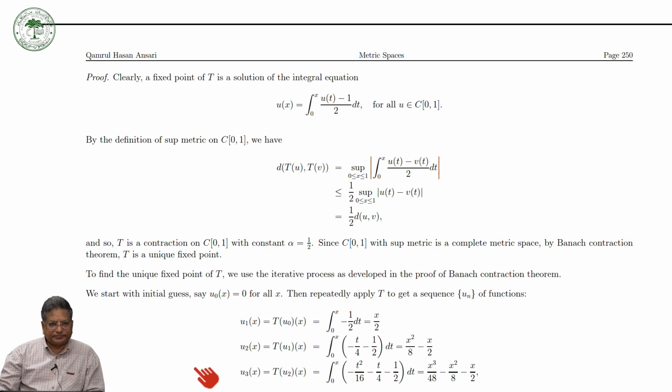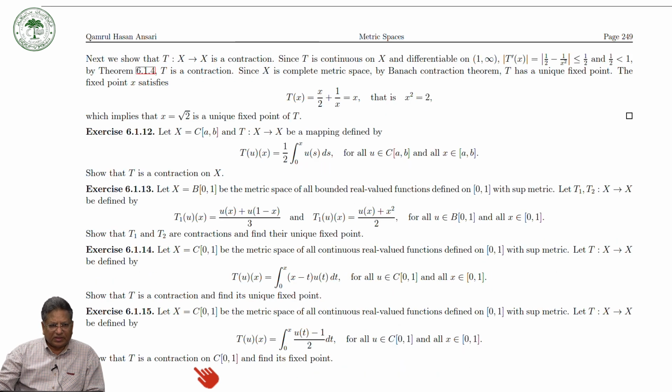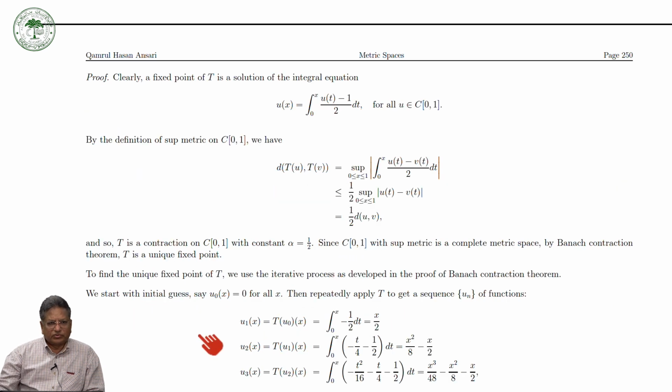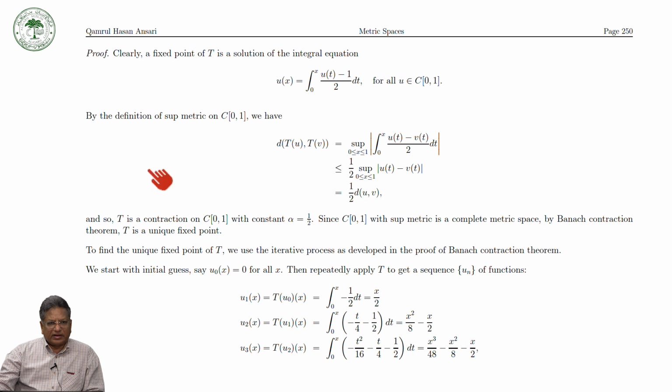Now look, here is the proof of the last one, because if we prove the last one, these 3 exercises are almost the same. So I will give you the proof of the third one and you can prove the first 2 by yourself. So here clearly a fixed point of T is a solution of the integral equation, this one.